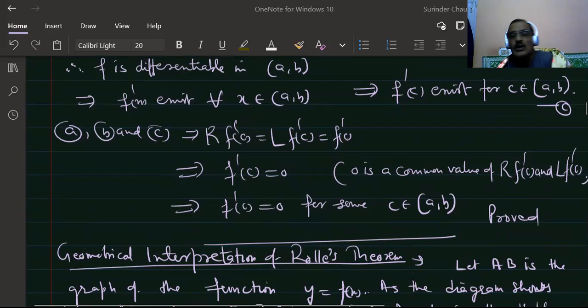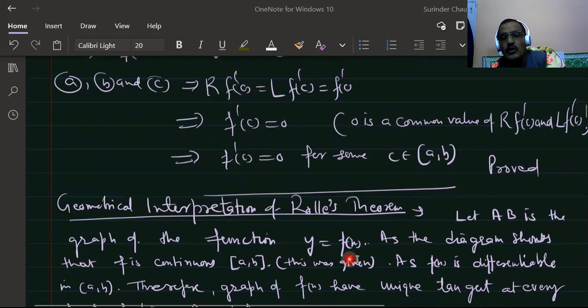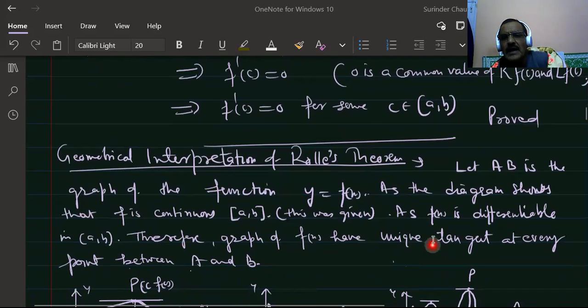Now let's draw. Let AB be the graph of the function y equal to f(x). As the diagram shows, f is continuous in the closed interval [a, b], as given. And f(x) is differentiable in the open interval (a, b), as given.